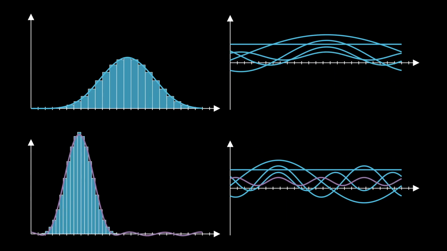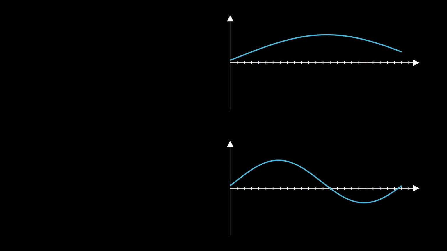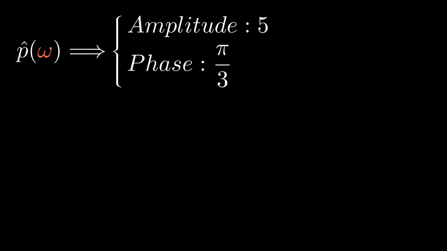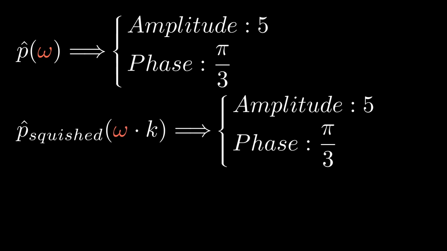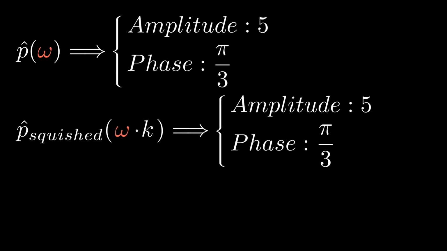It's pretty clear that all that's changing is that the sinusoid's frequency is scaled by whatever factor I squish the graph. The amplitude and phase we associated initially with one frequency are now associated with a new frequency. And that new frequency is equal to the old frequency multiplied by the scaling factor.